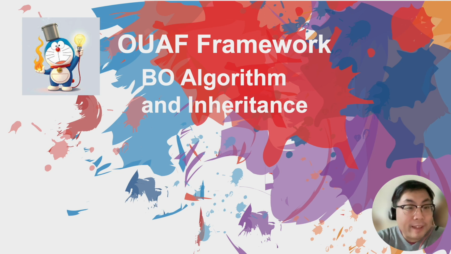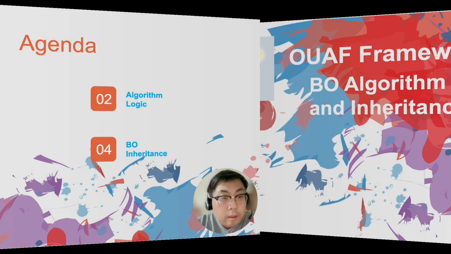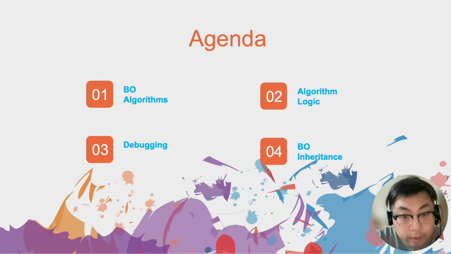Hello, everyone. I'm back, and today we're gonna talk about the BO algorithm and also inheritance. I'll break it down into four areas. First, what algorithm can be applied on the business object level. Second, how can we write logics in those algorithm.